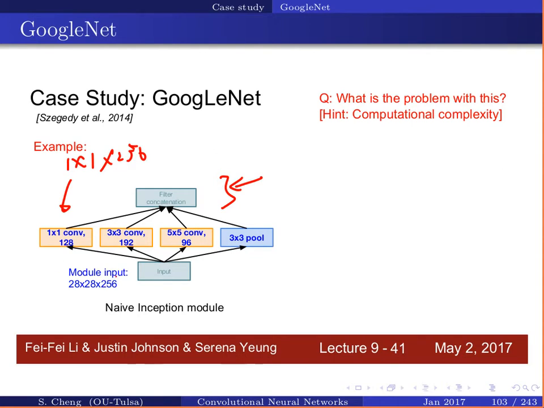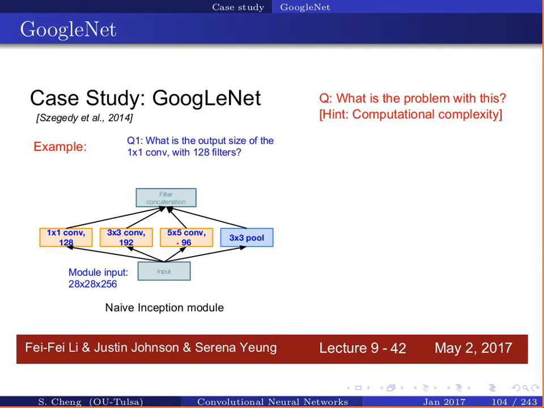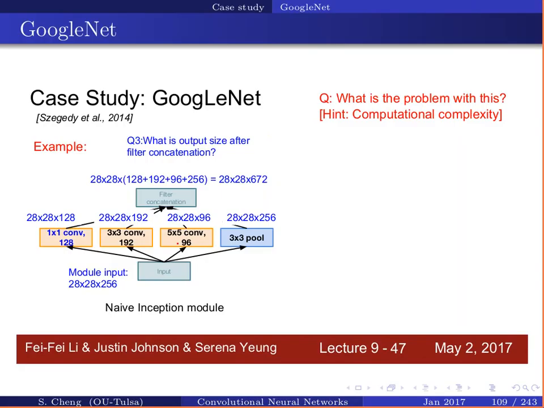Then the output depth here is 128, then 192, 96 here. If you stack them all together, you get an output of this size. And for max pooling, we do not have any downsampling effect, so we still have 256 here. So the total depth goes up from 256 to 672.